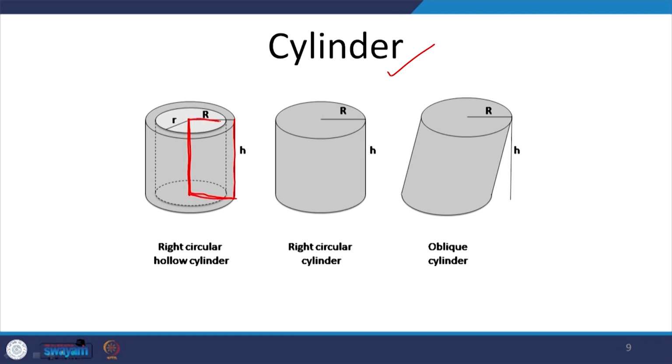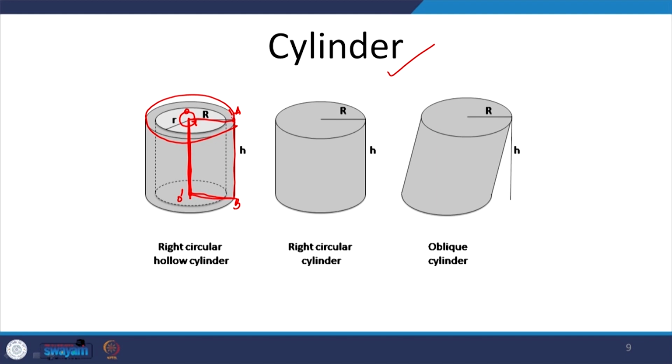So, if you rotate this rectangle, say O, A, B, O dash, by 360 degrees like this, we fix this side, which is O dash, and we revolve this around by a complete 360 degrees, we will get a cylinder.